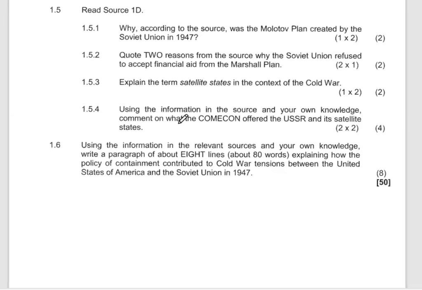Right. Explain the term satellite states. Satellite states in the context of the Cold War. That is number 153. Right, we are going to explain this generally, and then we relate to the context.